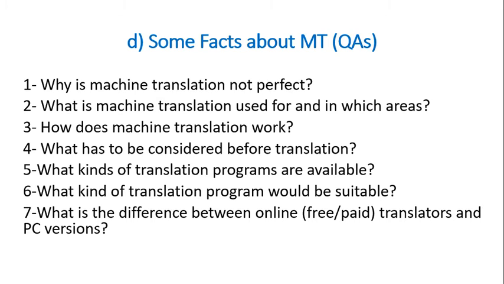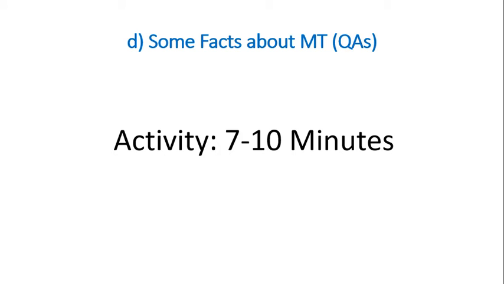These are simple questions. We can also ponder the probable responses to those questions, and there are also some difficult questions. For example, number three, how does machine translation work, is a technical question. So what I want from you here, once again, is that you have 7 to 10 minutes for this activity.